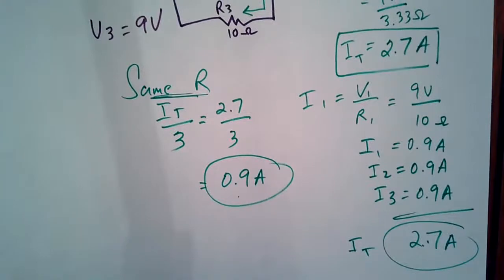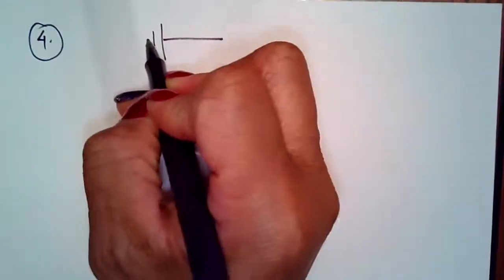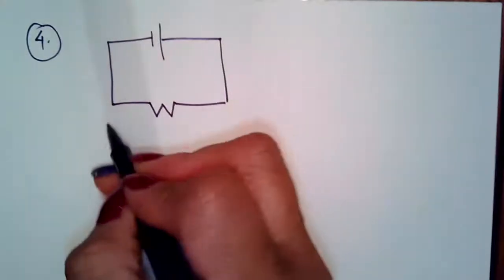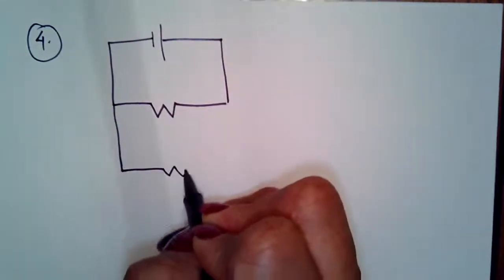So let's actually do one more example here. Let's do example 4 in our circuit analysis. So example 4, this time we're going to have, again, a parallel circuit, exactly the same configuration as our example 3.